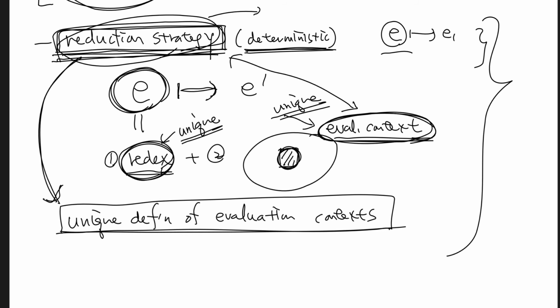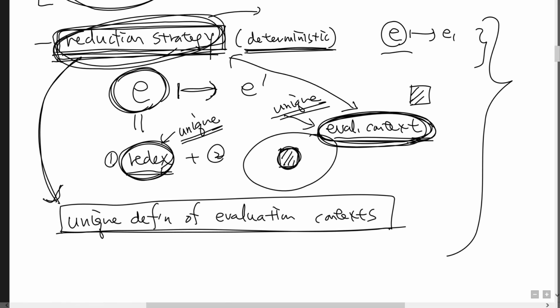On the other hand, this evaluation context tells you how to locate the red X immediately, because you can just go to the position of this hole and then you can find the position of the next red X. So intuitively, this reduction strategy and the definition of evaluation context should be equivalent.